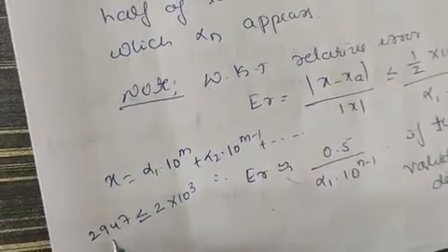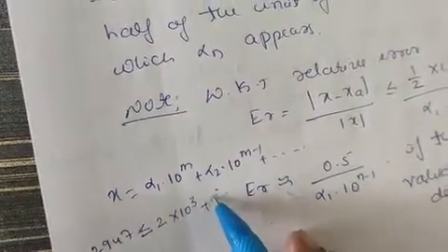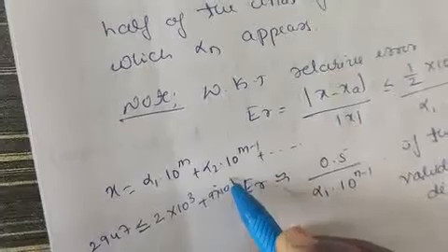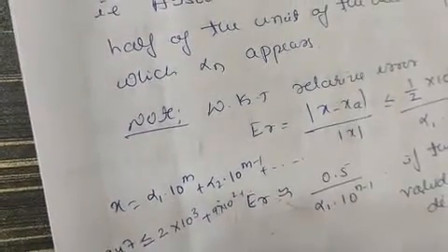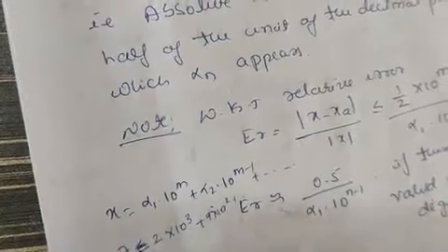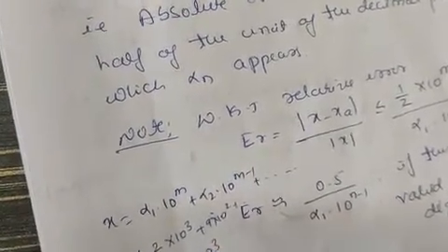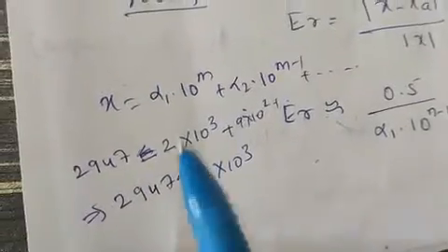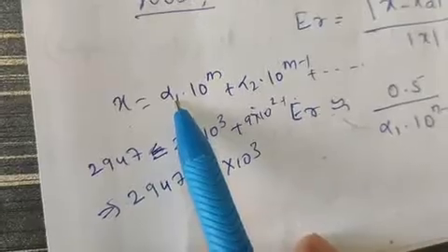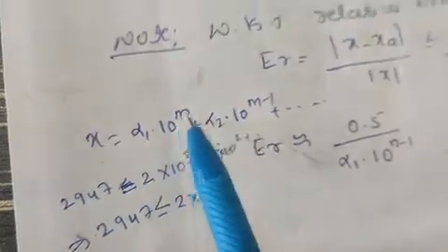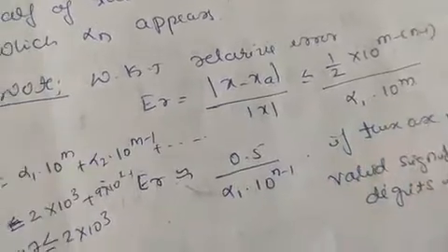This is 2 into 10 raised to 3 plus 9 into 10 raised to 2, and so on. So 2947 is less than or equal to 2 into 10 raised to 3. Like this, mod x is less than or equal to alpha 1 into 10 raised to m.